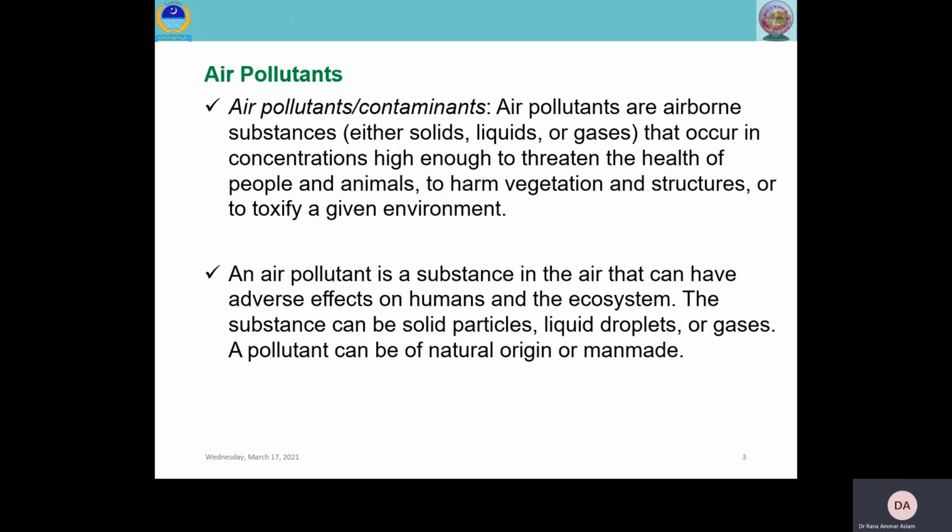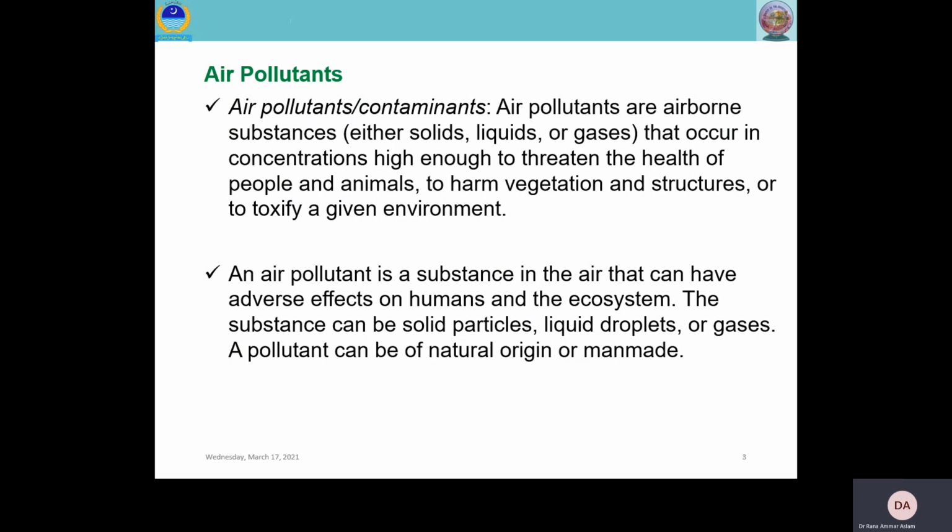These substances can be solid, liquid, or gaseous in nature, right? However, they can be from natural sources or from human sources. If you recall your previous lecture, the introductory lecture, in a few slides I had tried to present a comparison between the quantities generated from natural sources and man-made sources.